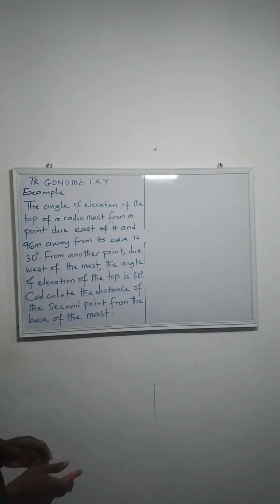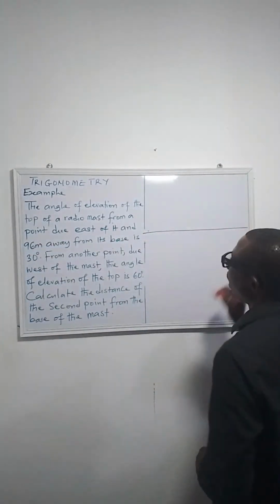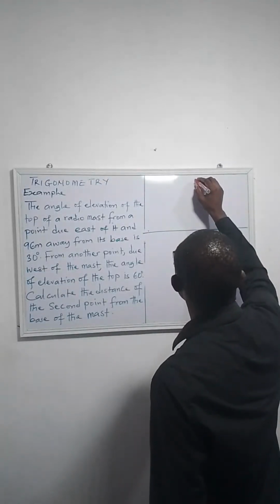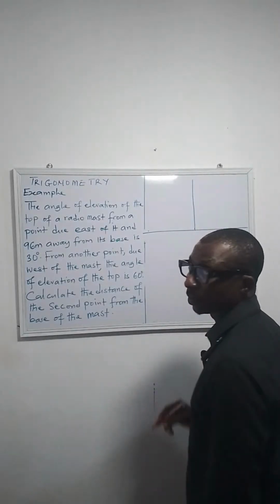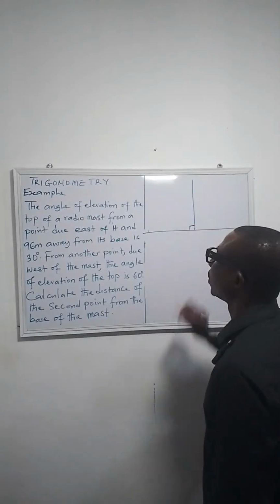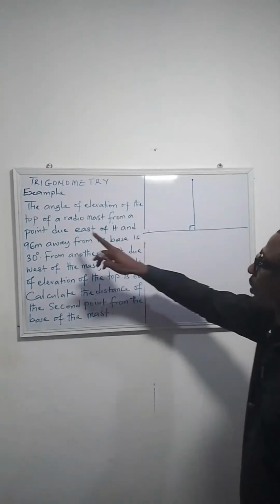So let's draw the horizontal ground line where we have the mast. Suppose this is the mast. The mast is expected to be perpendicular to the ground level. Now let's read the question again.